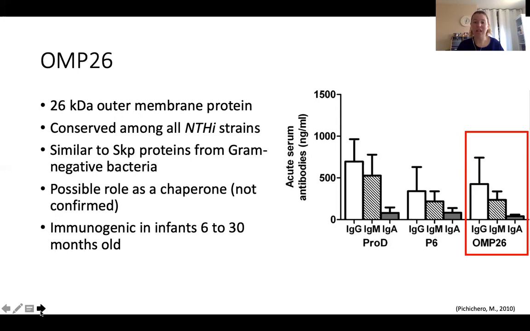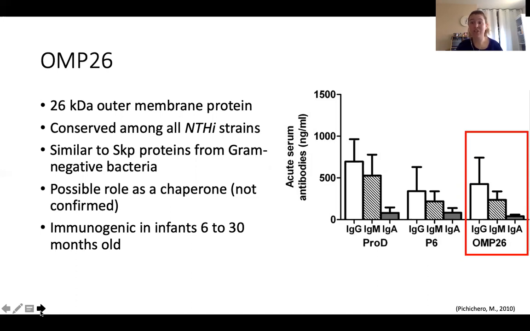In this study, they found that OMP26 had a high number of antibodies generated against it. They had 500 nanograms per mL of antibodies generated against it, which is quite a high number. So this tells us that it's immunogenic and it could be antigenic as well.